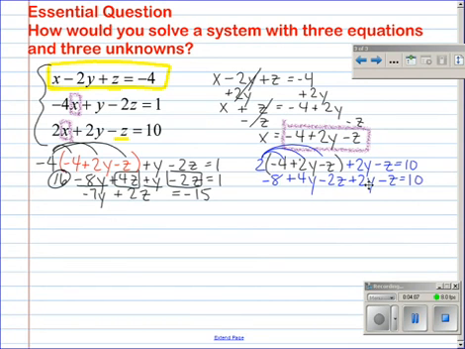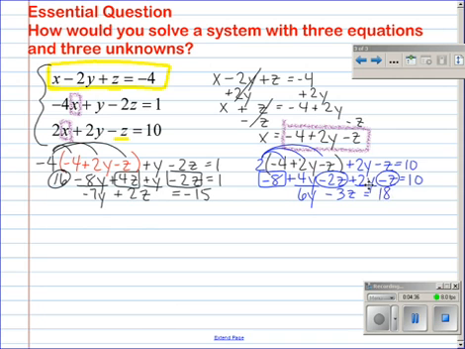Simplify that by combining your like terms. I've got a positive 4y, positive 2y, that would be 6y, -2z minus z, -3z. And then this -8 right here, I want to move to the other side. So I would have to add 8 to 10, which would give me 18.